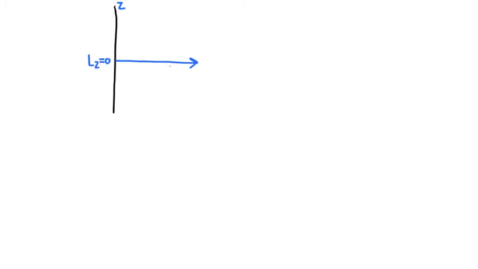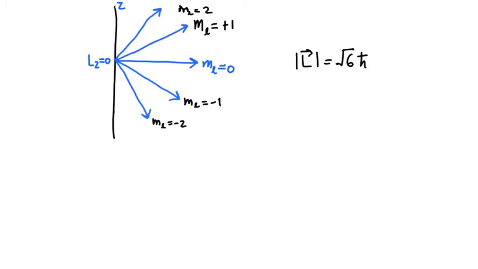Similarly, you have 4 other possibilities. All these vectors are of length square root 6 h bar, and these are different components along the z-axis. Possibilities are plus 2h bar, plus 1h bar, 0, minus h bar, and minus 2h bar. And you can also find the corresponding angle using the formula discussed previously.